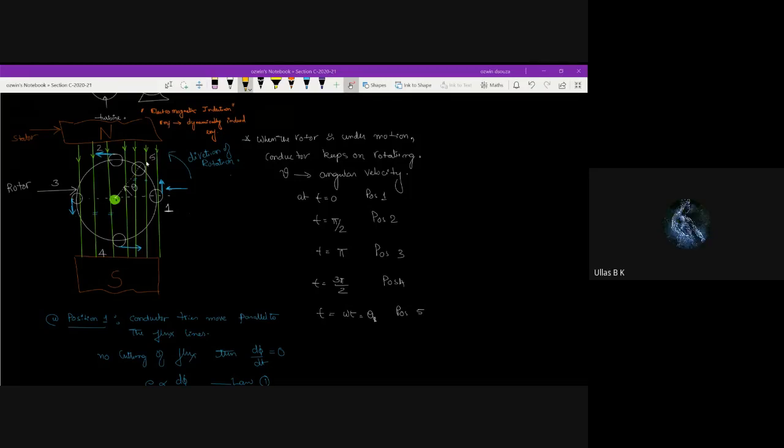Sir, in the formula BVL sine theta, L represents the length of the conductor, right, sir? Yes, it represents the length of the conductor. I did mention it. Length of the conductor in this case, sir, in the diagram? See, what I have shown is a 1D view. If I have to show you the 3D, it is something of this kind. This is the front view.